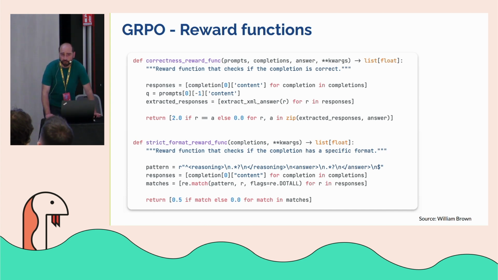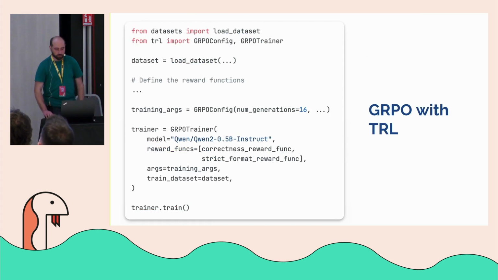And once we have data and we have these reward functions, we can use this with TRL, and we load the dataset. We use the functions defined earlier, and we create a configuration. And here, an important parameter is the number of generations, which is the size of the group.